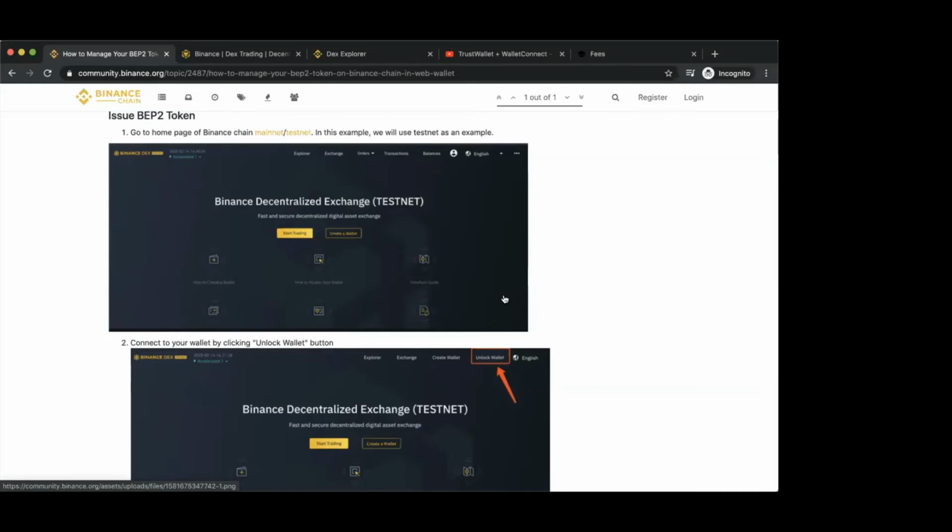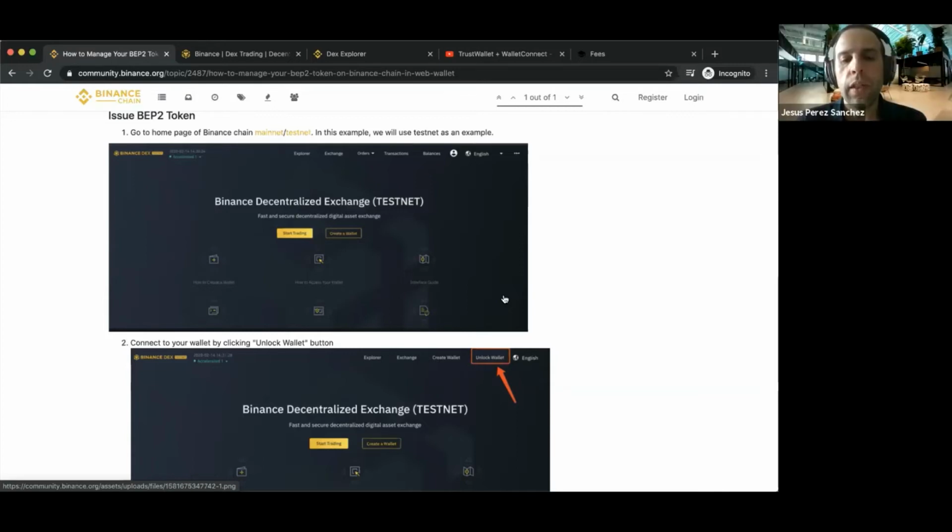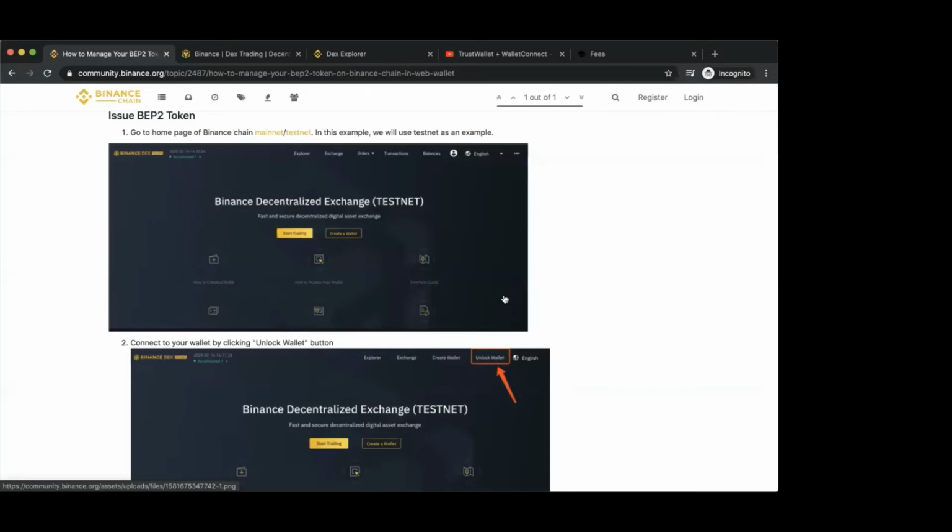So you mean the use cases? Yes, if you know the main projects over Binance Chain, or some important project that is right now being developed on top of it.